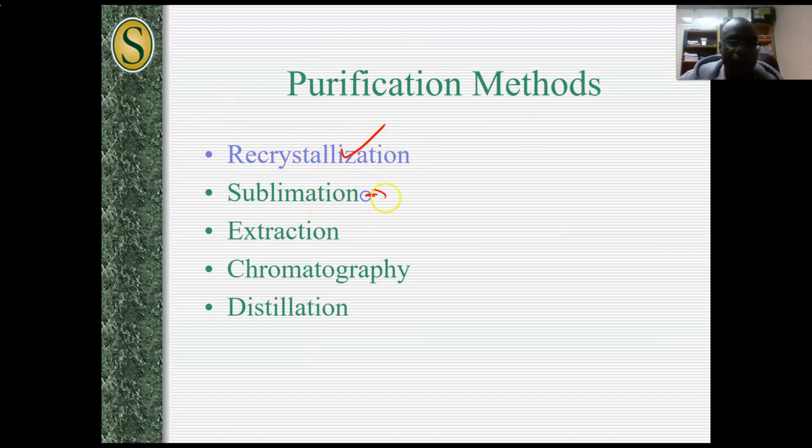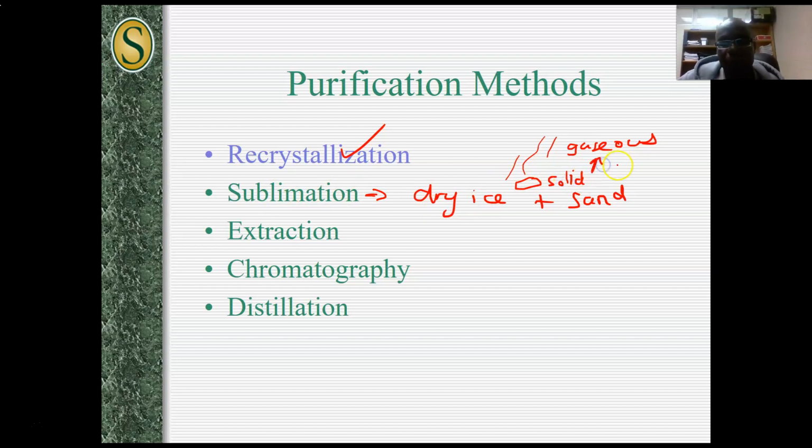You can otherwise use sublimation. If you have dry ice mixed with some sand, if you just heat it up a little bit or just put it on top of the desk, the dry ice will vaporize from solid state to gaseous state. So that's sublimation, transformation from solid directly to gas. And then this can be collected on a cooler surface, right?